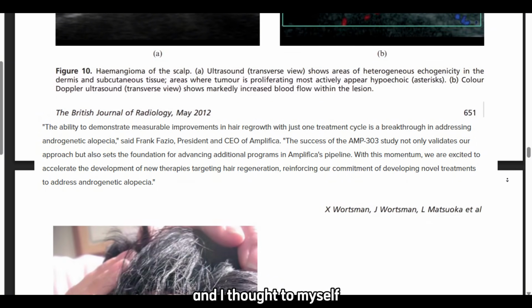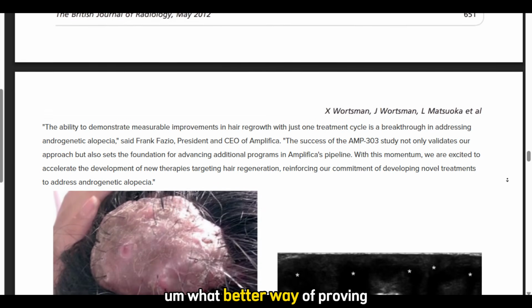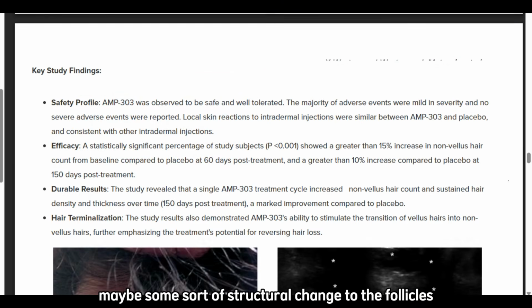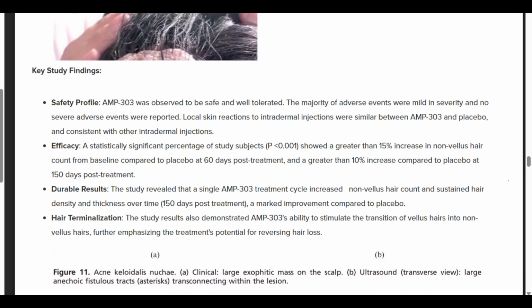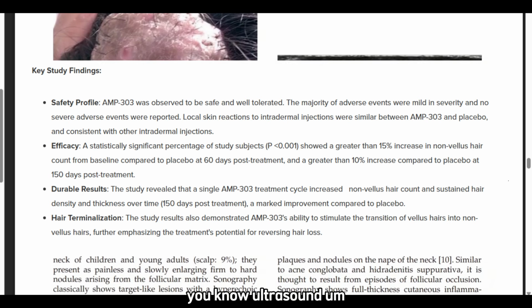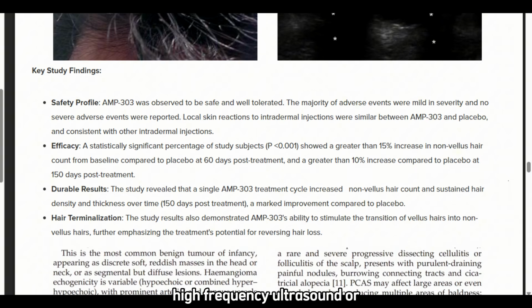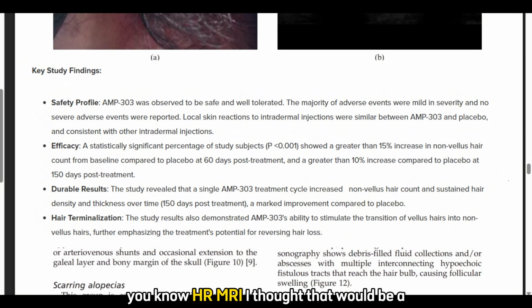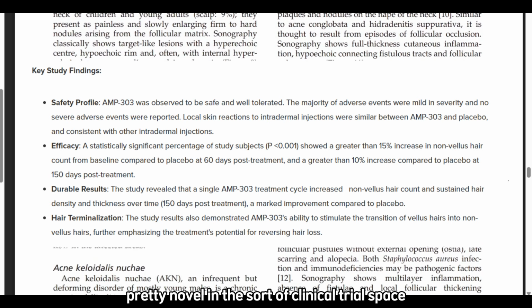And I thought to myself, if they couldn't get a biopsy, what better way of proving some sort of structural change to the follicles than by using some kind of imaging technique? Whether it's ultrasound, high frequency ultrasound, or HR MRI. I thought that would be pretty novel in the clinical trial space.